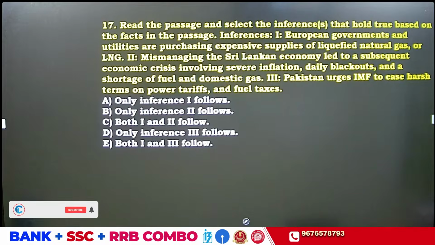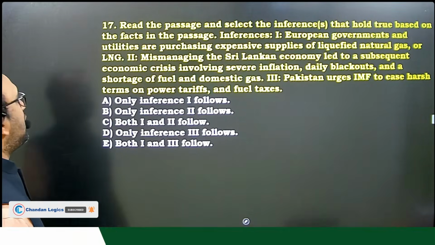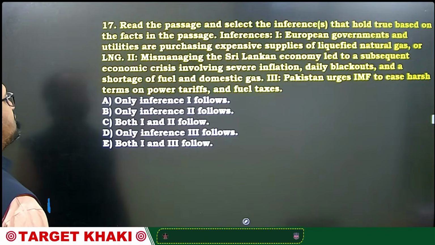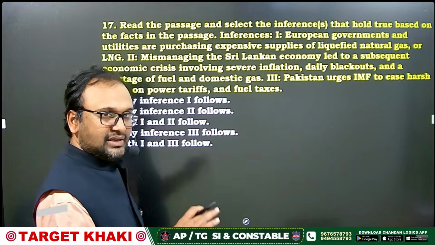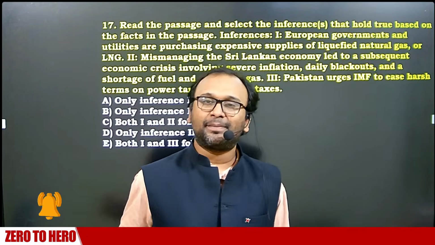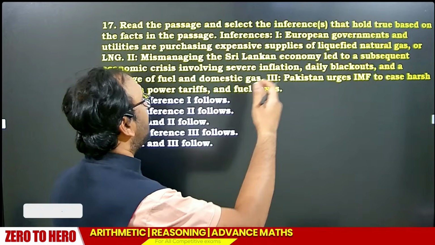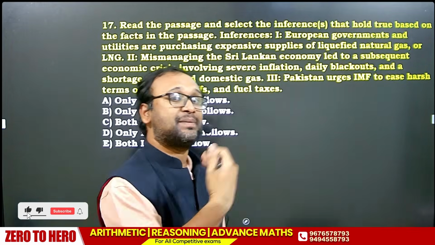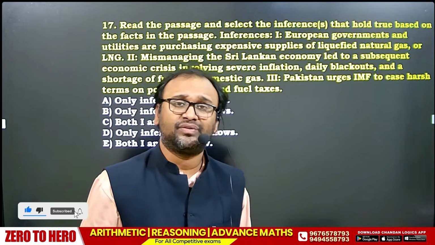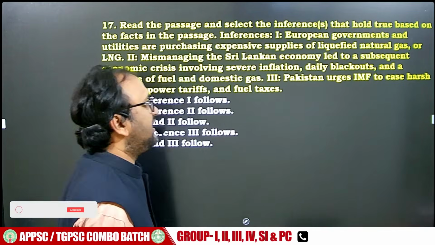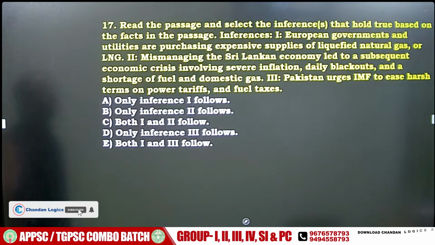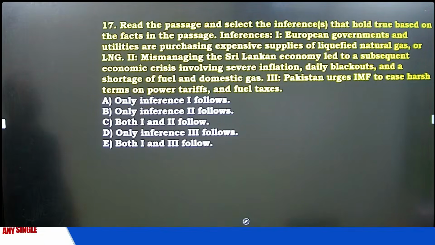Read the paragraph and select the inference that holds true based on the facts. Inference 1: European governments and utilities are purchasing expensive supplies of liquefied natural gas. No. In the paragraph, there was nowhere mentioned that European governments are purchasing expensive supplies. Why will they do that? That is wrong. Inference 2: Mismanaging the Sri Lankan economy led to a subsequent economic crisis.